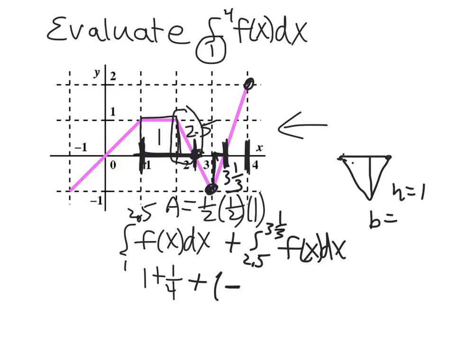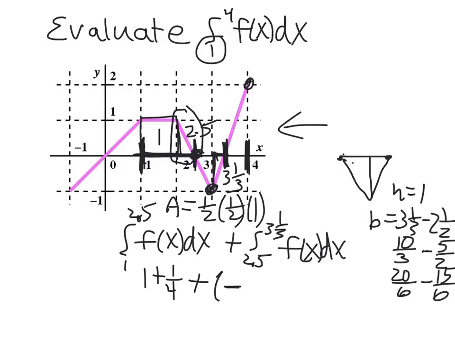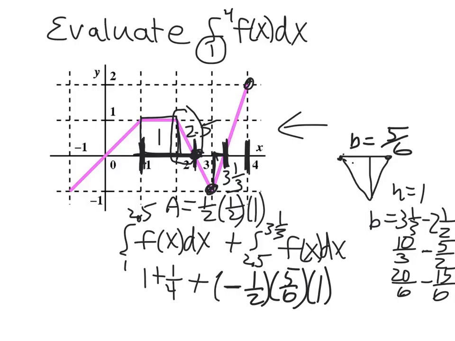The base will be 3 1/3 minus 2 1/2, so we get 5/6 for the base of this one. So negative 1/2 base times height. Okay.